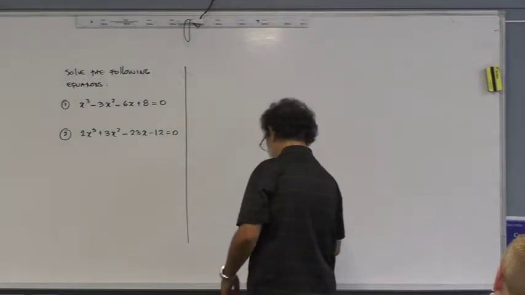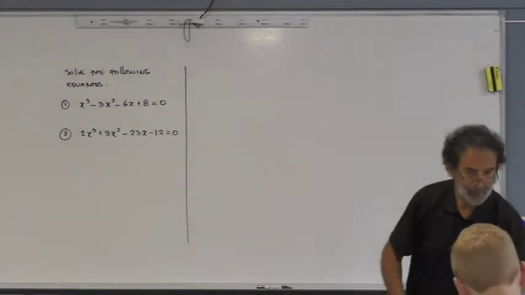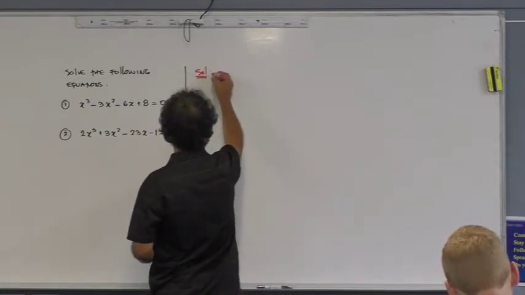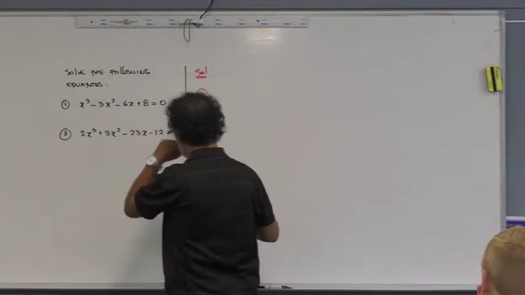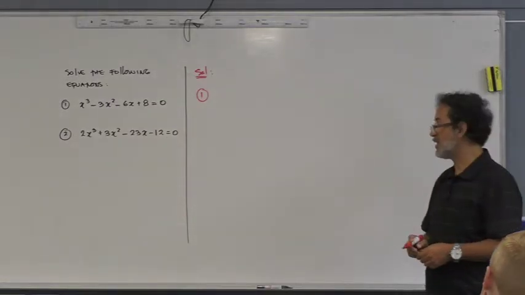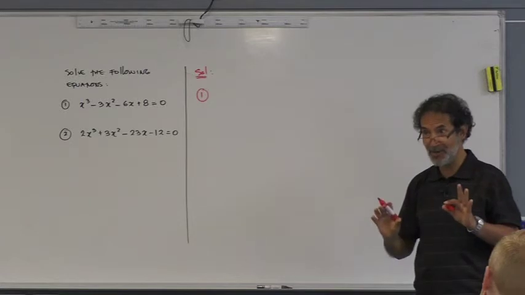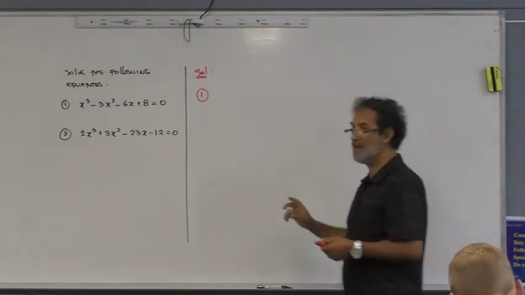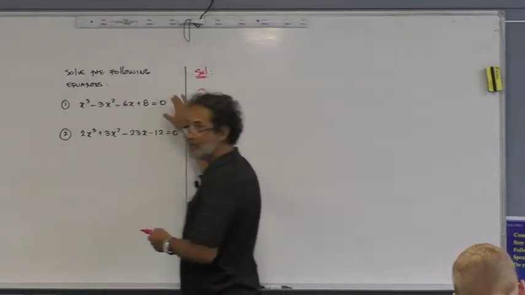All right, so let's say solution number 1. Step number 1: we are going to find the factors of 8. So we're going to be doing basically the same as we did before, because I really want to have this in factor form.